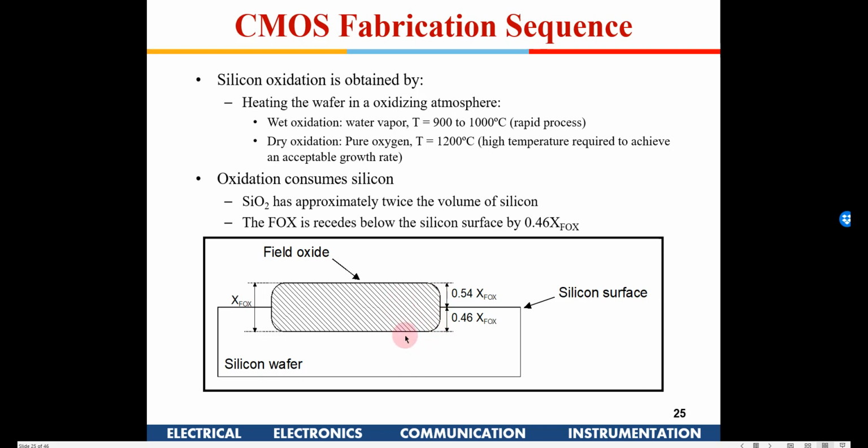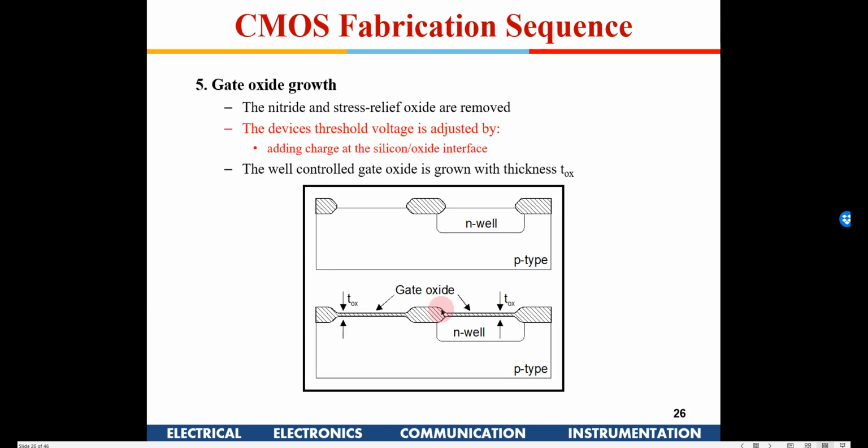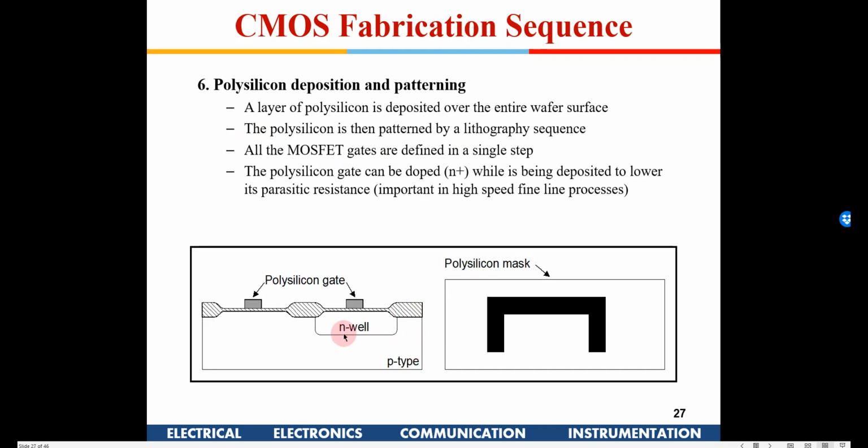So you will find that isolation wells can be formed by oxide. In short, oxidation is not just growing oxide on top of the silicon layer. When you do oxidation for a longer period, the oxidation grows into the silicon wafer also, and that we can use for trench isolation.